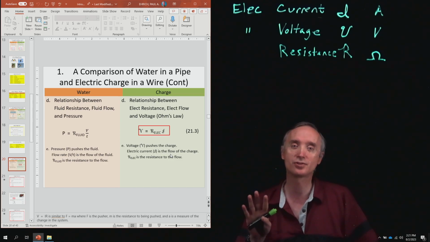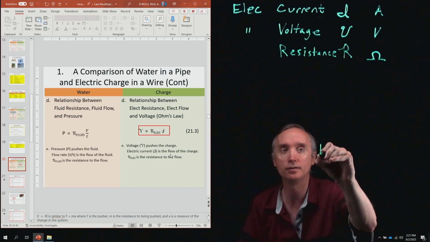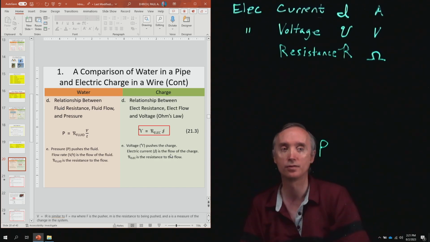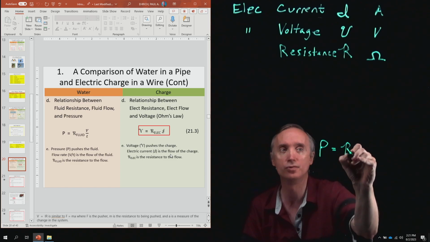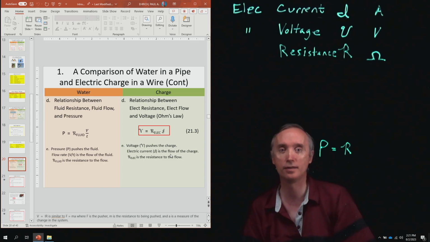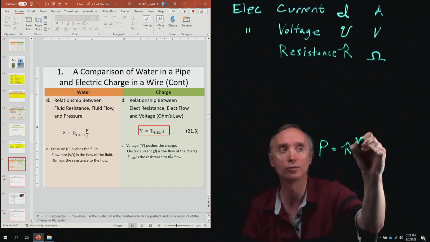And so I'm just going to show you this formula over here for the flow of water. But again, do not worry about it. It's not going to be on the exam. But it turns out that the pressure is the thing that causes the water to flow. And so the R is the resistance to the flow, and then the flow itself is the volume flow rate.